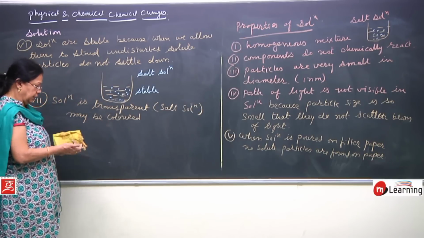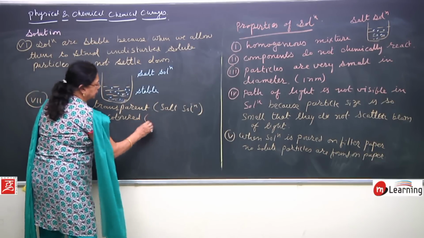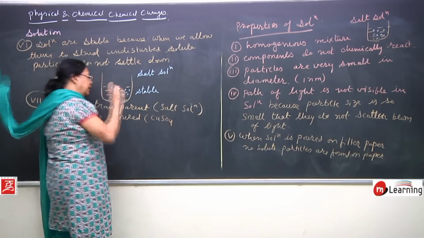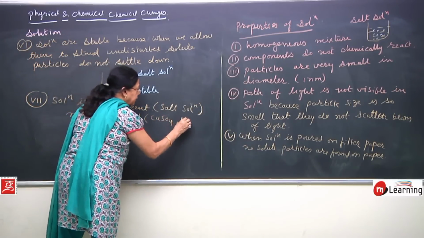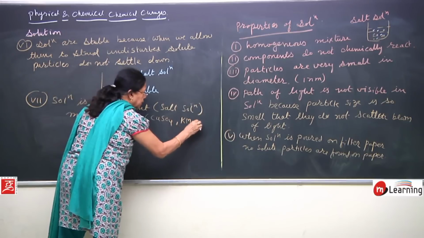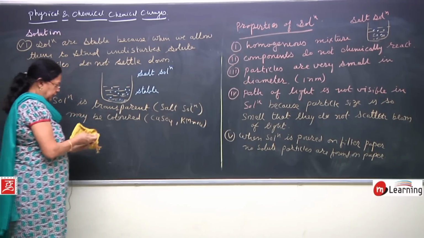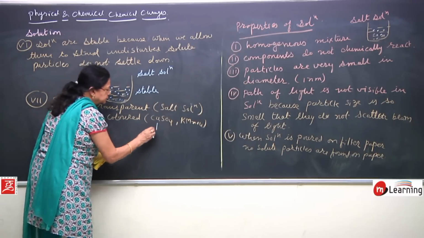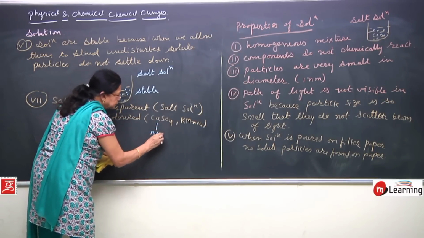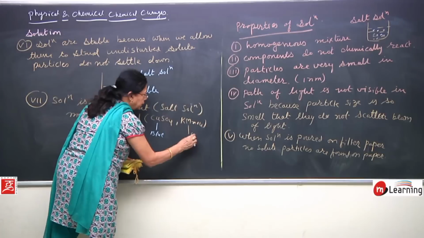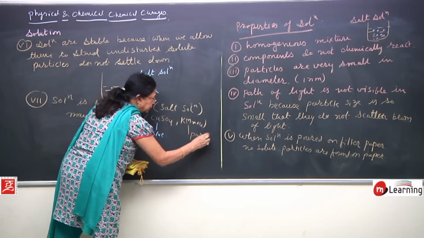It may be colored. Suppose you take copper sulfate as a solute, or you take potassium permanganate, KMnO4 as a solute, then this solution will be blue in color, and this solution will be purple, or you can say violet.